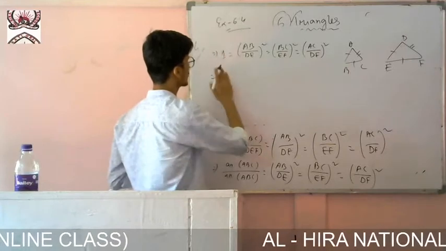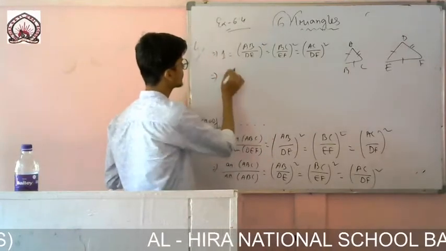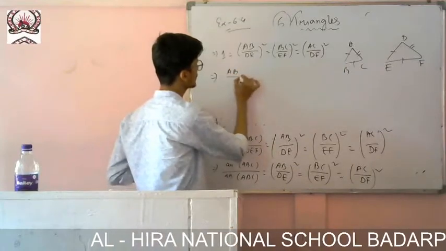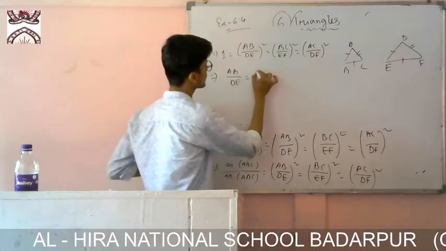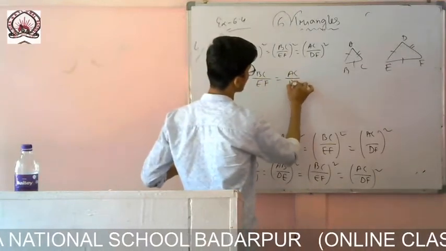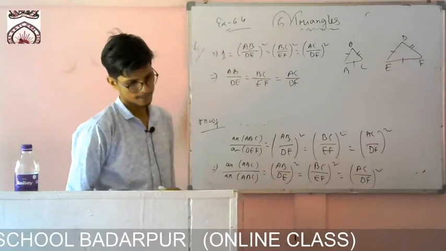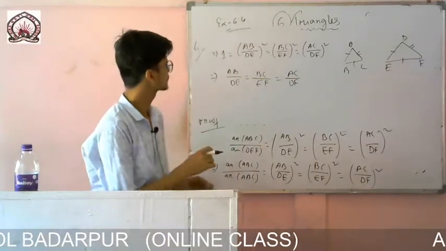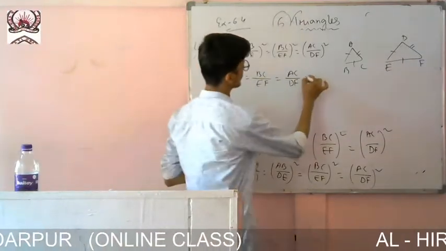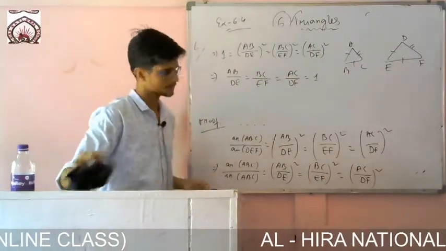If I give 1 also a square and take common, the square will be removed. So what will be left is only AB by DE equals BC by EF equals AC by DF, which equals 1. Now if I relate 1 by 1, then I will get it.